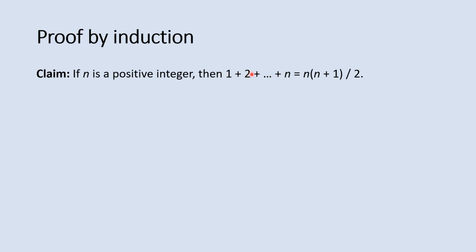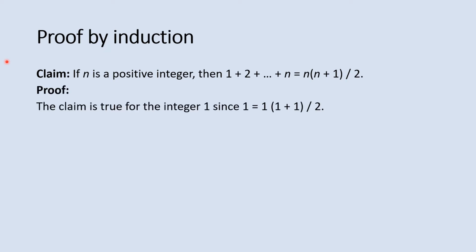So if you were stopping at 1, there wouldn't be anything afterwards. If you were stopping at 2, again, there's nothing afterward. So whichever number you stop at, the sum is achieved by taking that last value, multiplying it by the next number, and then dividing the whole thing by 2.